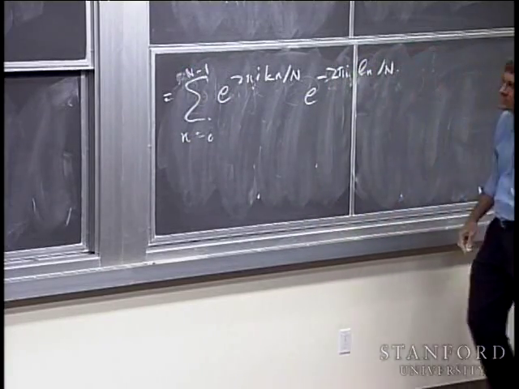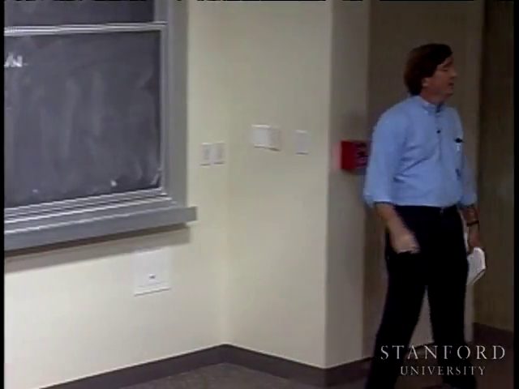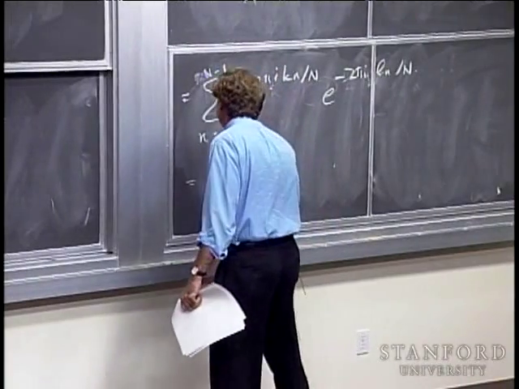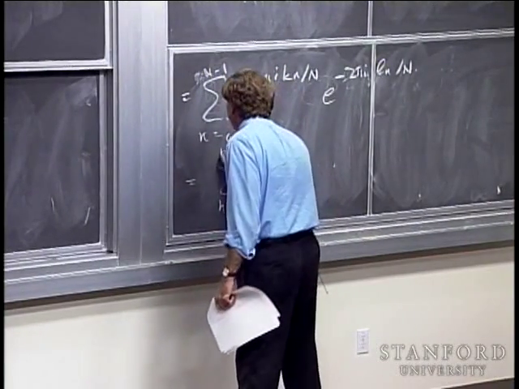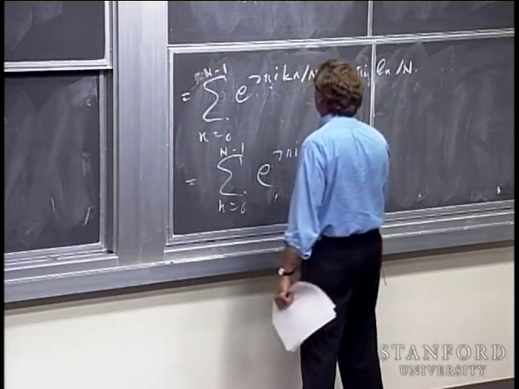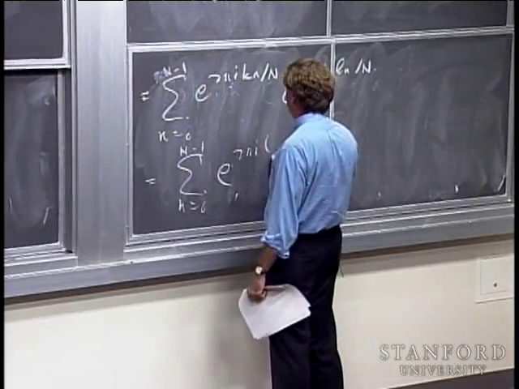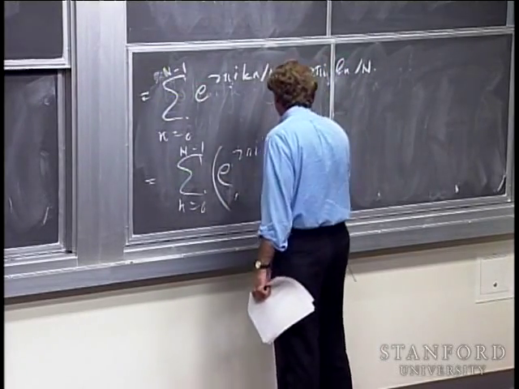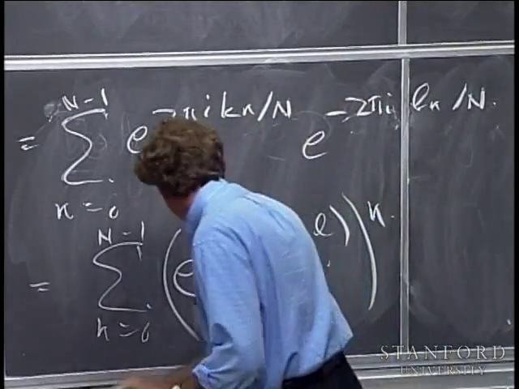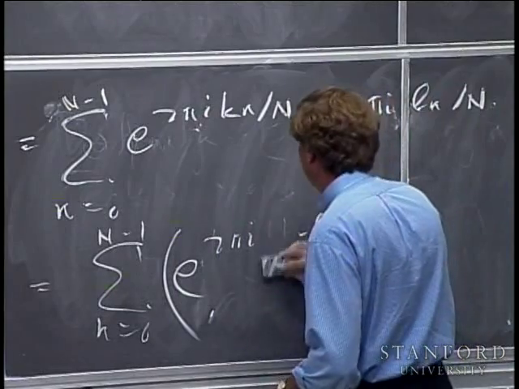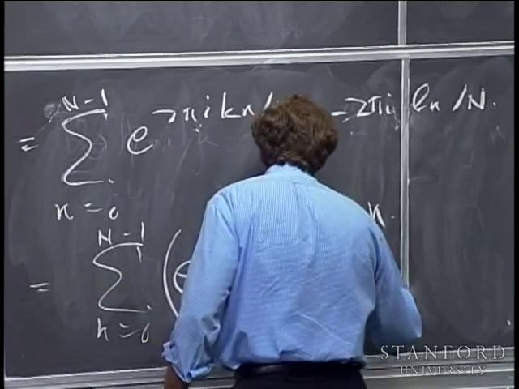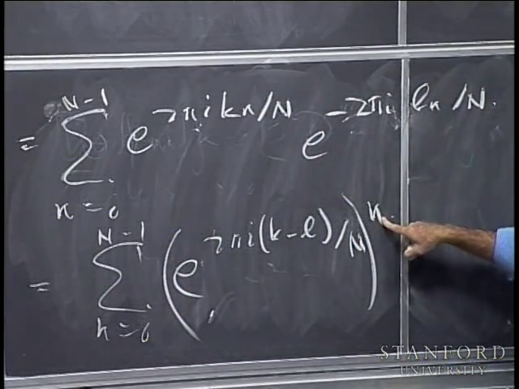And you have to realize that what you have here is a geometric series. Let me write this a little bit differently. This is the sum from n equals 0 to n minus 1 of e to the 2 pi i (k minus l) divided by n, all raised to the nth power, exponentials being what they are.